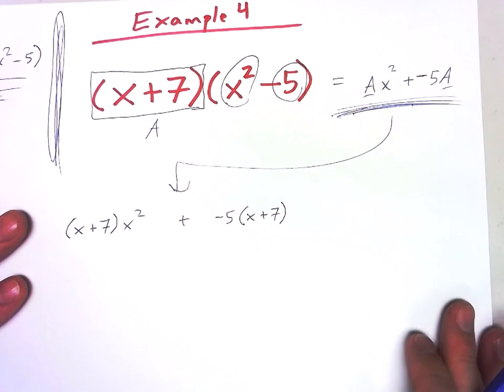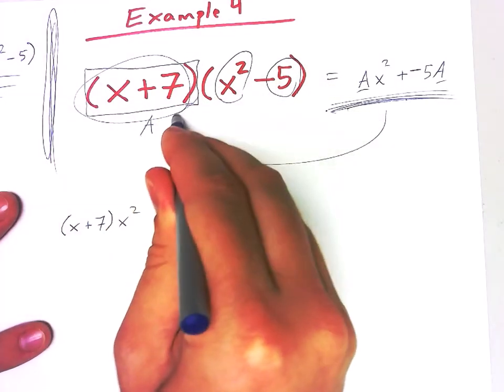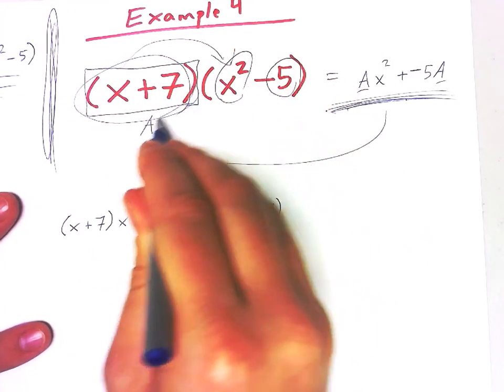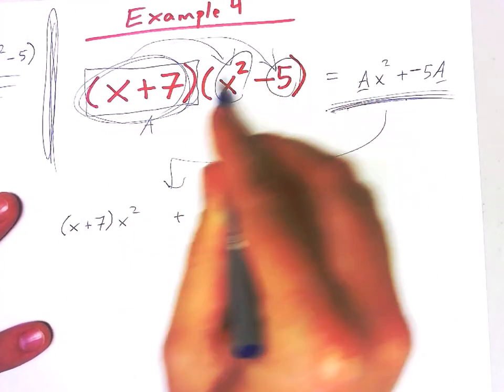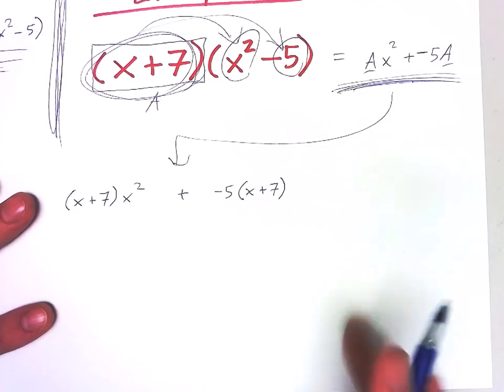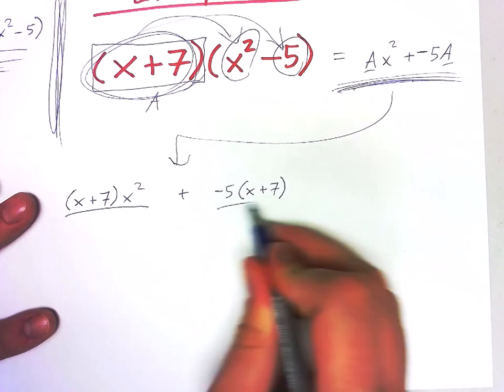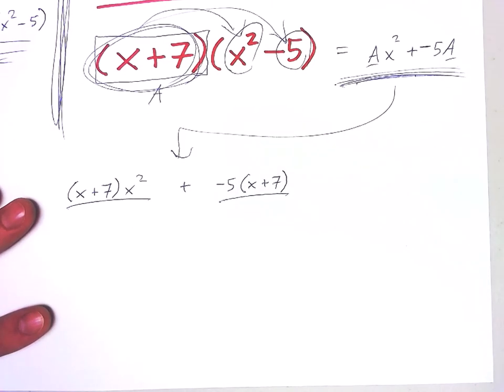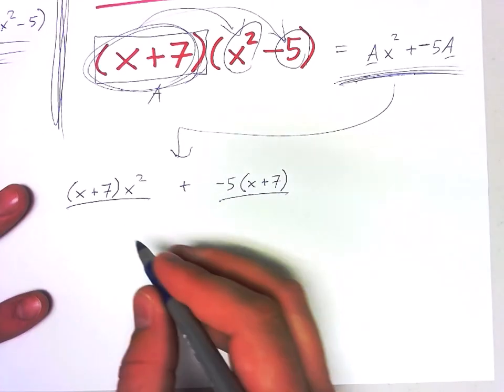Or in other words, this times that, and then this times that. The whole thing times each of those pieces. And then those are both just the distributive property again.